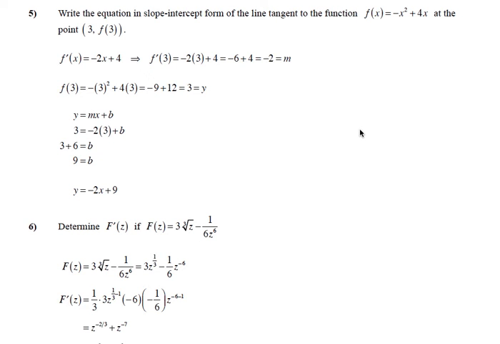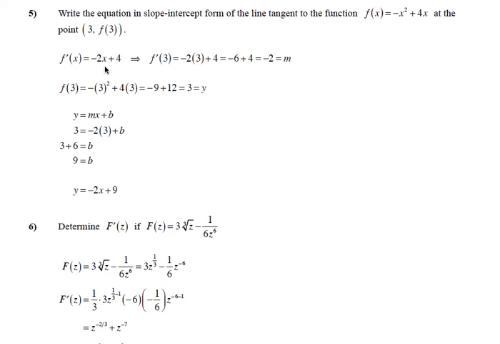Here I've started with the slope, and to find that, we're going to need the derivative. Once again, we just use the power rule. It's a polynomial, so we can use the power rule on each term. We bring the 2 around front of the negative x squared, so that becomes negative 2x, because 2 minus 1 is 1, and next to the first is just x.